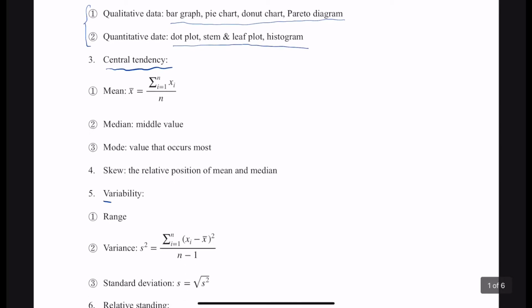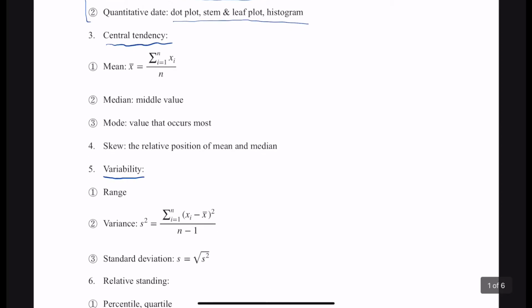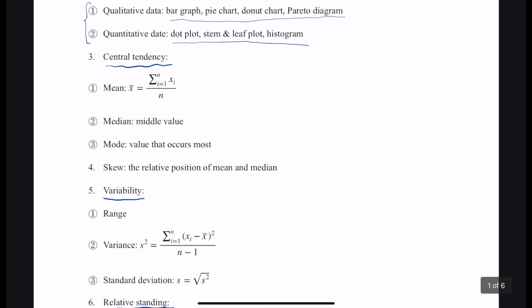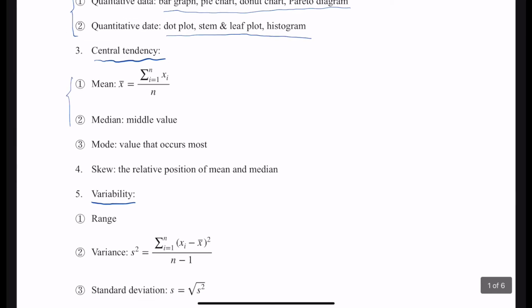The second one is variability. And the third one is relative standing. So in central tendency, there are three types of numbers. First one is mean, very easy to understand. Second is median. The third is mode. They are simple data to describe the central tendency.